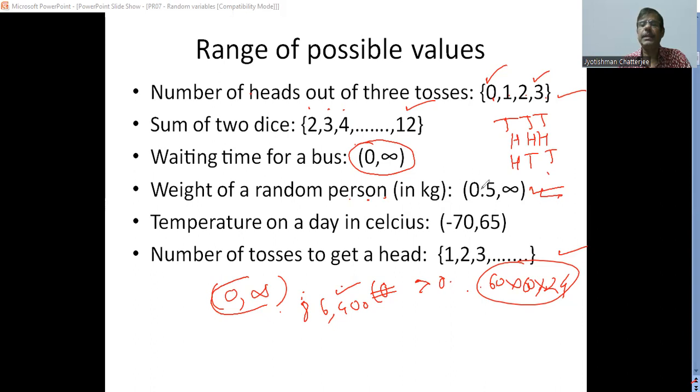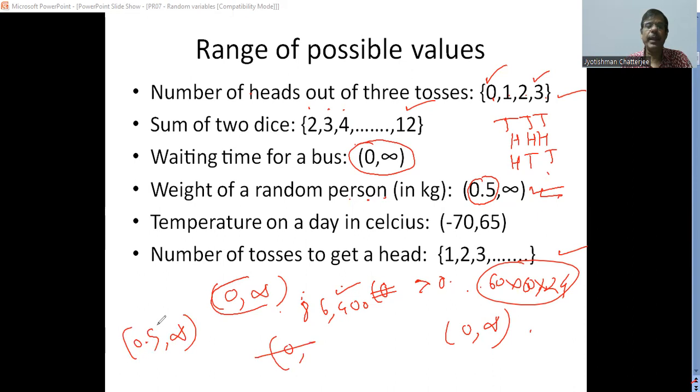Here we are keeping 0.5 to infinity, assuming that nobody will weigh less than half a kilogram.